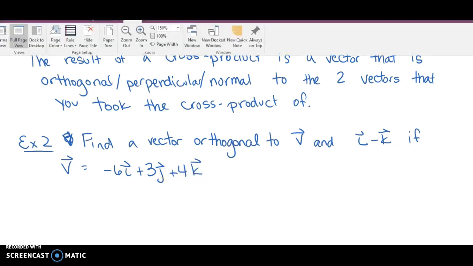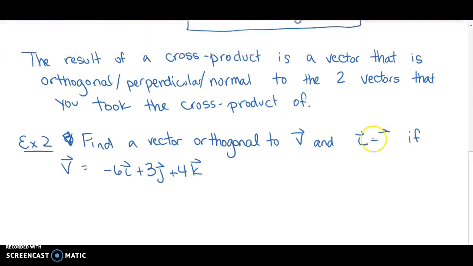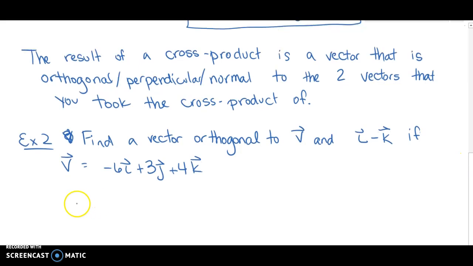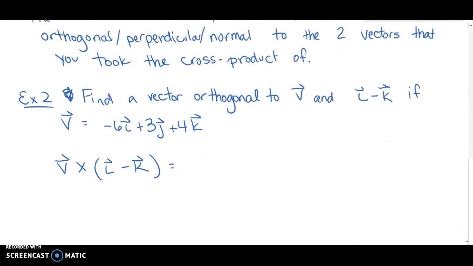To find a vector that's orthogonal, you do the cross product: vector v crossed with the vector i minus k.